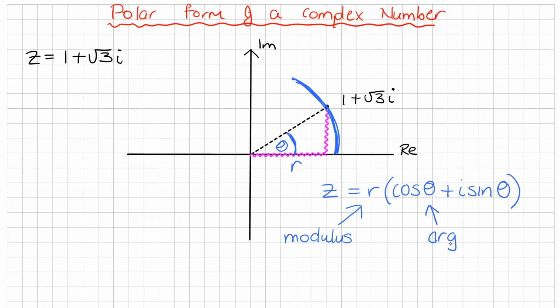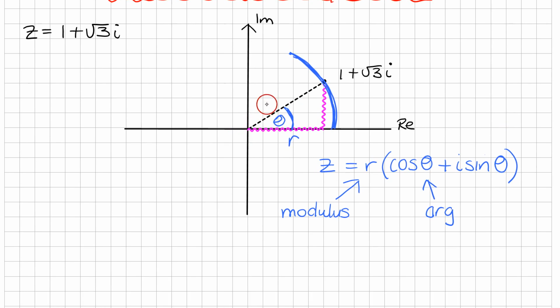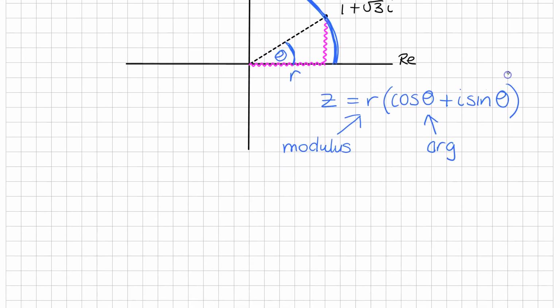The only thing now we have to be able to do is figure out what the modulus and the argument are. From the way it's written in rectangular form, it's very easy to change it into polar form. So r is the length out from 0. We looked at this before: r is simply equal to the square root of a squared plus b squared, when z is equal to a plus bi.